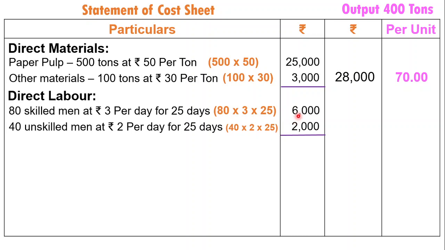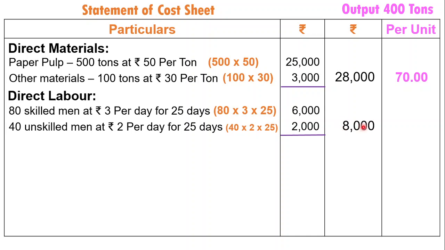Finally, the direct labor or direct wages charges amount to 8,000 rupees, the total of these two. This 8,000 is to be remembered because the factory overhead amount is to be calculated on the direct wages. This is to be kept in mind so that further calculations can be made very easily.